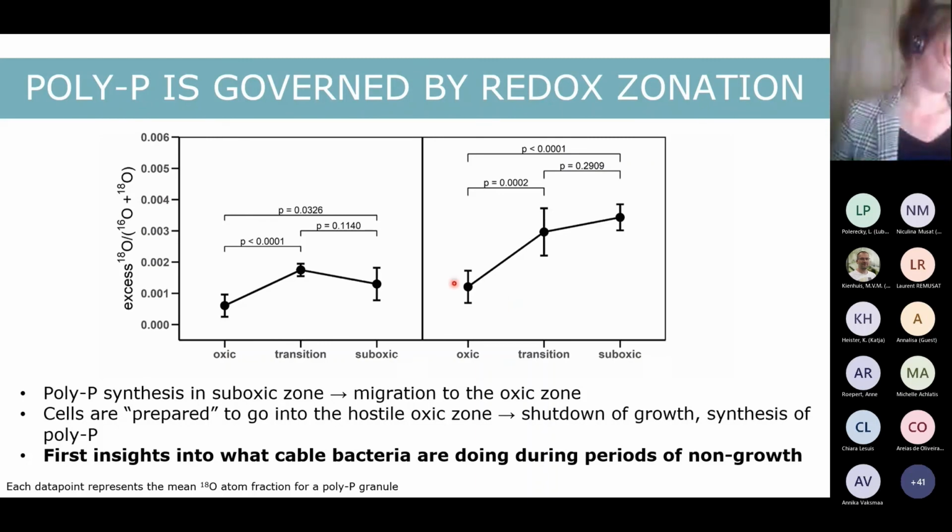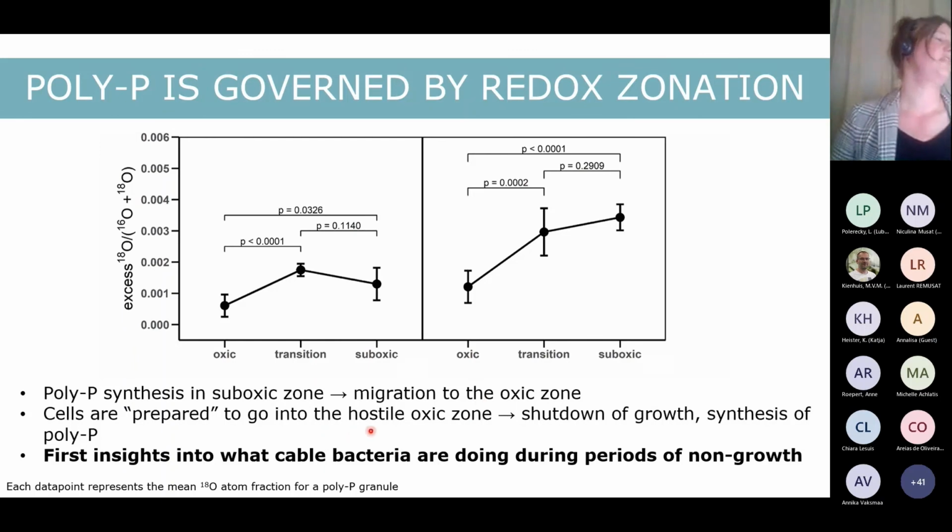But since we do not see any carbon labeling in these filaments, this means that before they migrate to the oxic zone, they shut down growth, start synthesizing polyphosphate, and then move up into the oxic zone. So they are sort of prepared to go into the oxic zone, and they need the polyphosphate to survive in the oxic zone, either because they can use it for energy, or they can use it for protection against oxidative stress.